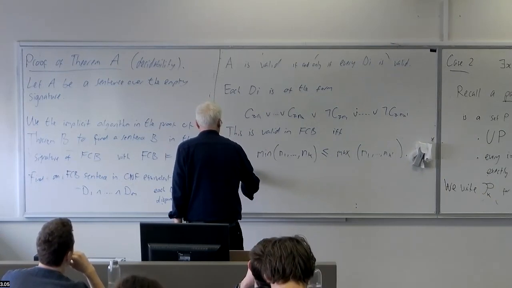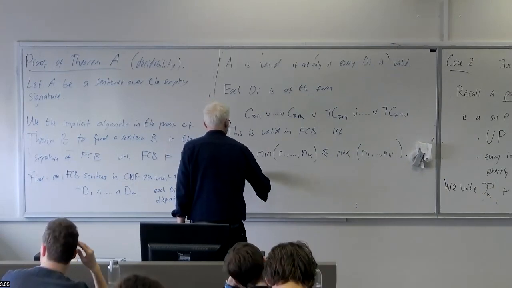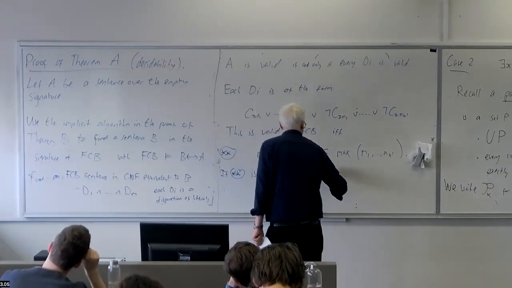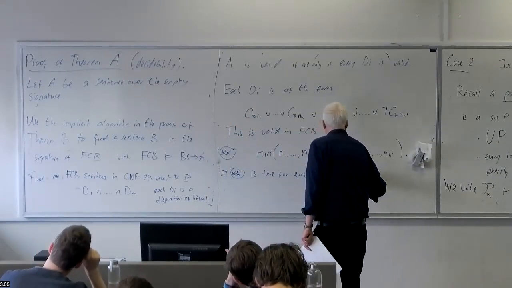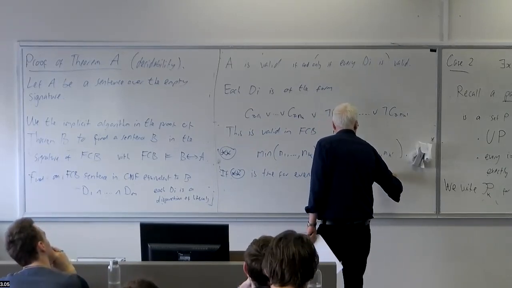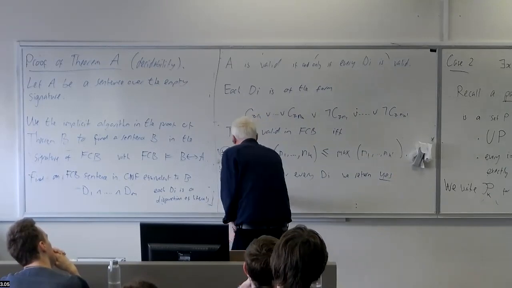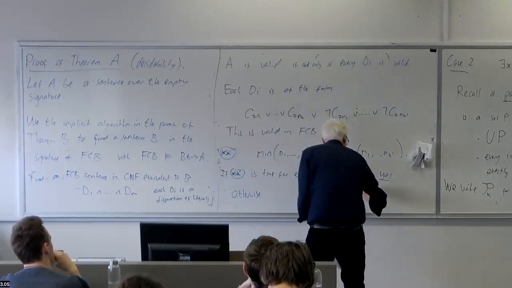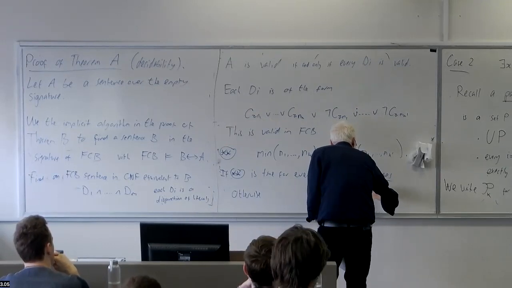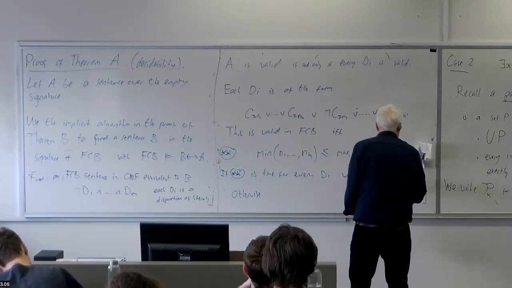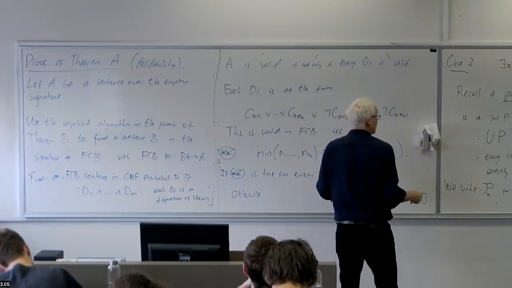So if star star is true for every DI, we return yes. Otherwise, we, I mean our algorithm, return no. So yes, it's valid, no, it's not valid.